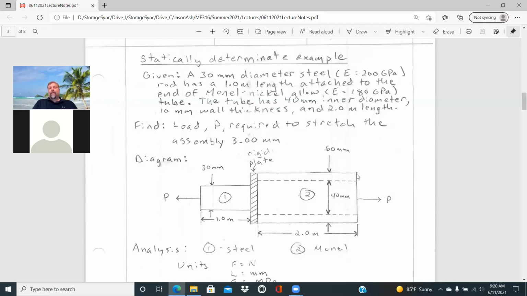Lengths, diameters, all that good stuff. And there's just a rigid plate that couples the two together. And so the nature of this problem is that this load is being applied, and each one of these are going to stretch in that process. And so we're looking at that total displacement, the sum of each one of these displacements equaling 3 millimeters.